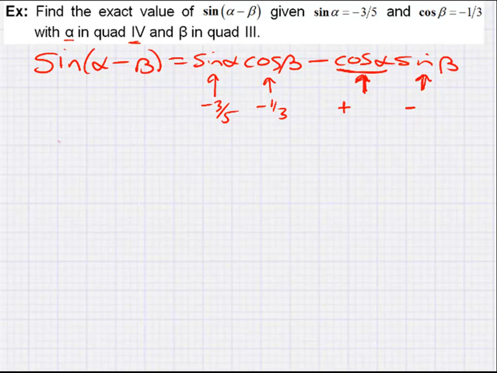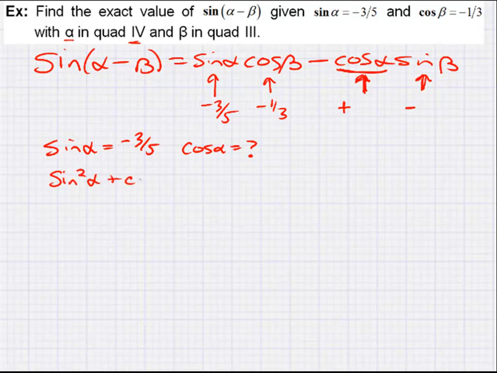Well, let's look. We know that the sine of alpha is negative 3/5. We're trying to find the cosine of alpha. How can we do that? Lots of different ways to do that. We've actually done this type of question numerous times now. So I would say probably your best bet is to use the Pythagorean identity.